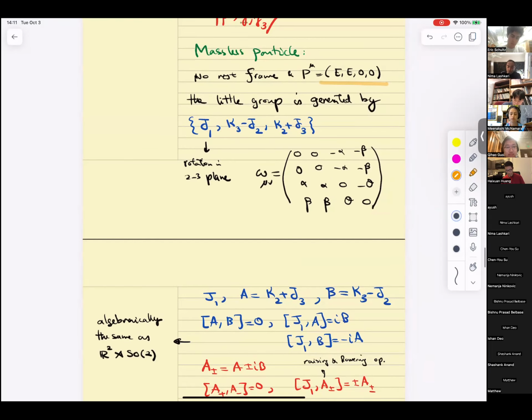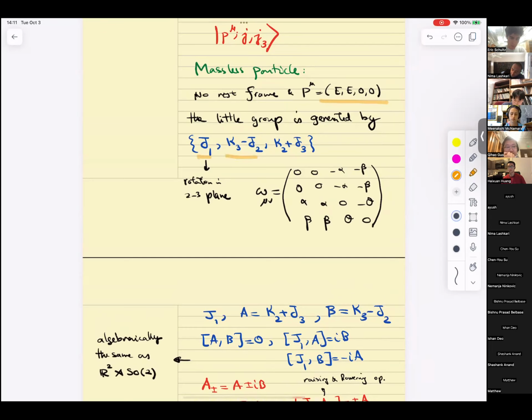Now you could ask, what is the little group? The little group is just a little homework to figure out. It's generated by these three components of the Lorentz group. Hopefully, it's obvious that J1 is in there, because J1 generates a rotation in the 2-3 plane, and it's a symmetry. It doesn't do anything here. The part that's a little bit non-trivial are these two generators.